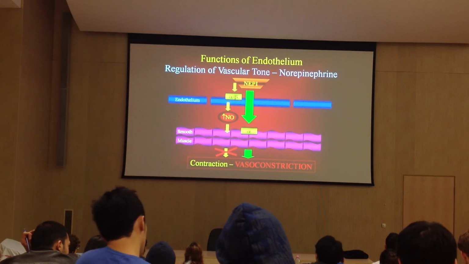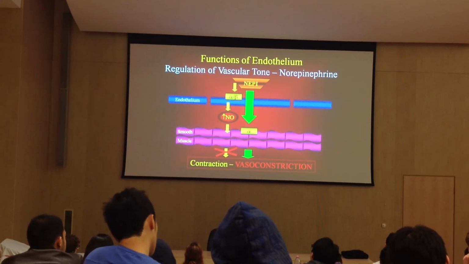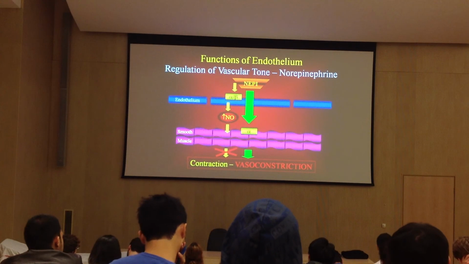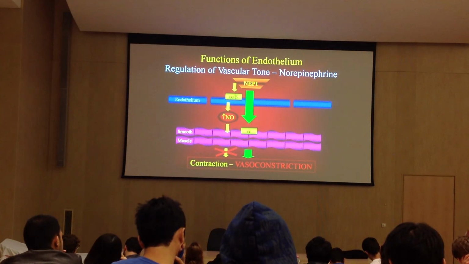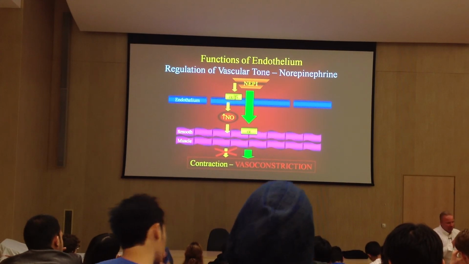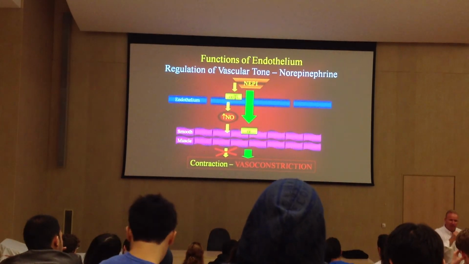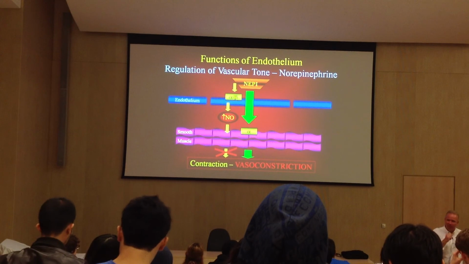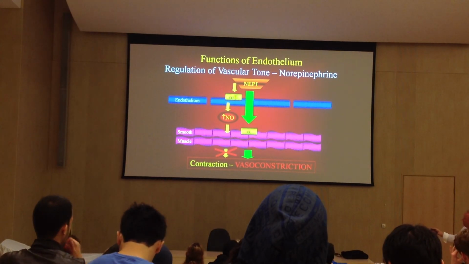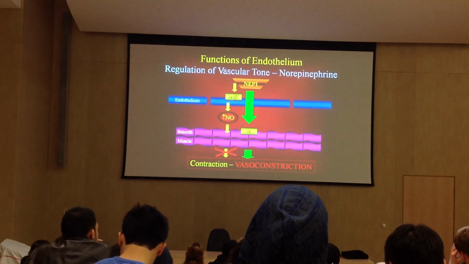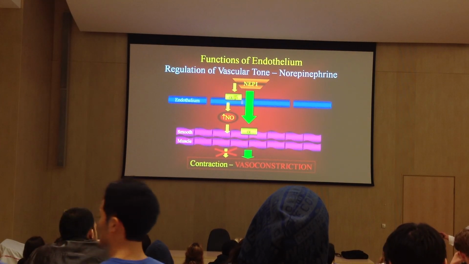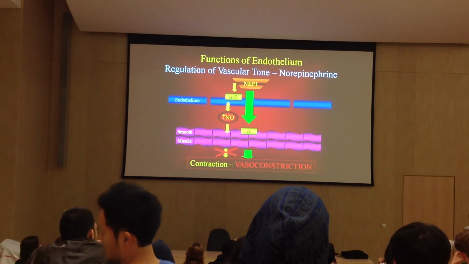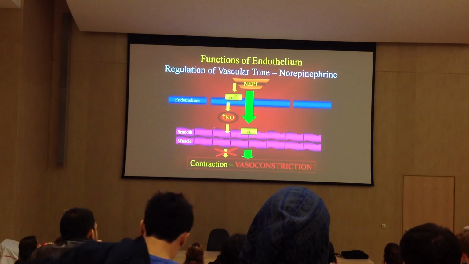Now what about the norepi? Norepi is a bit tricky. Let me tell you that the norepi is causing vasoconstriction, irrespective of whether you have or you don't have endothelium. And this is true even though we know that norepinephrine is capable of releasing nitric oxide. However, norepinephrine is usually not really coming from the circulation, but rather as a neurotransmitter.